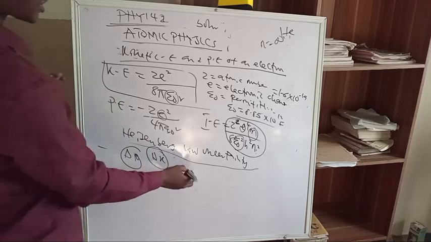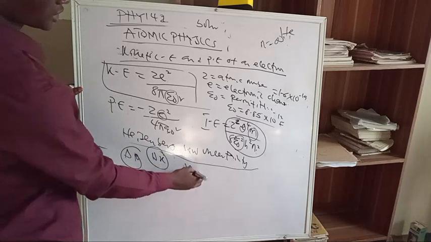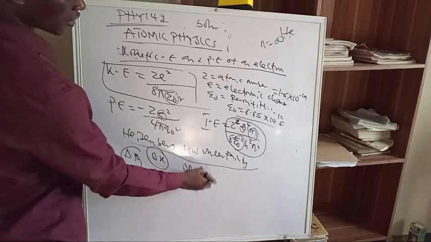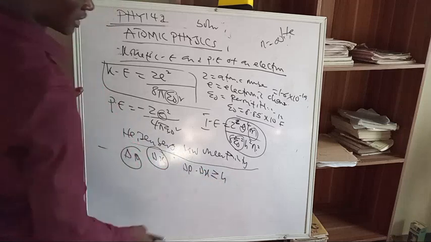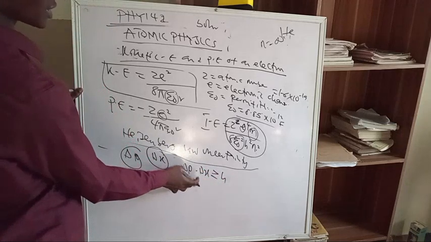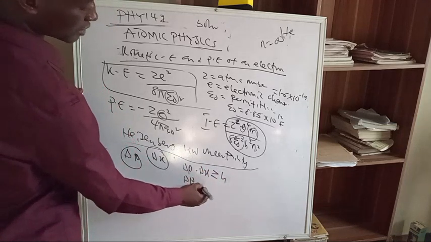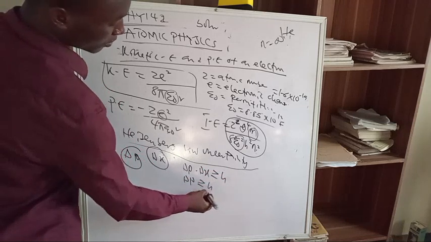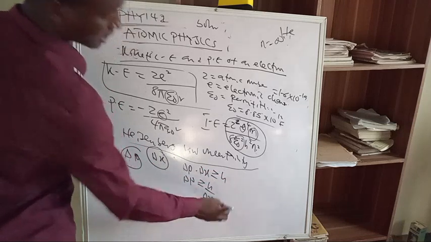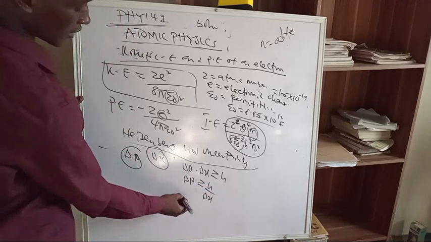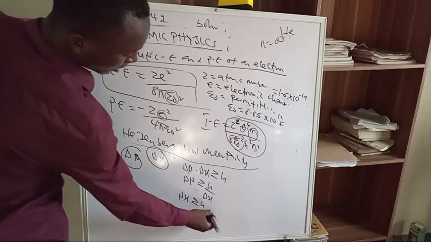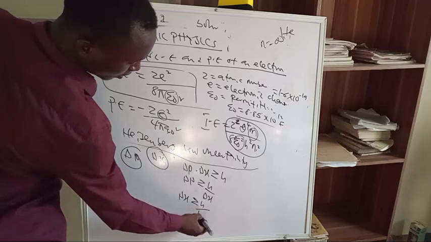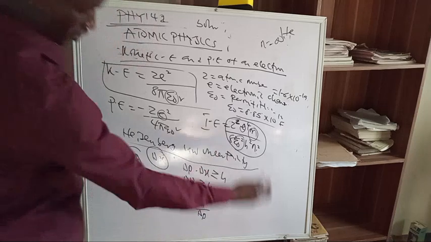The equation that connects them together is: change in momentum times uncertainty in position is greater than or equal to the Planck constant. So if you are looking for the uncertainty in momentum, it is greater than or equal to Planck constant over uncertainty in position. Then uncertainty in position is also greater than or equal to Planck constant over uncertainty in momentum. You just reverse the process.